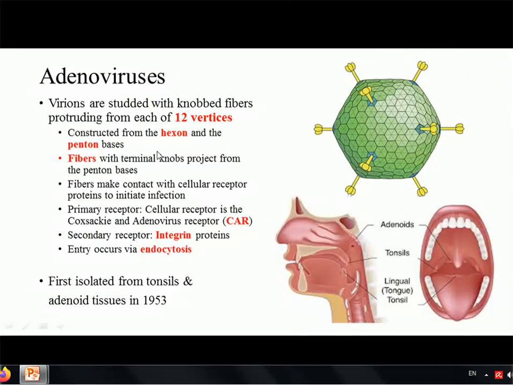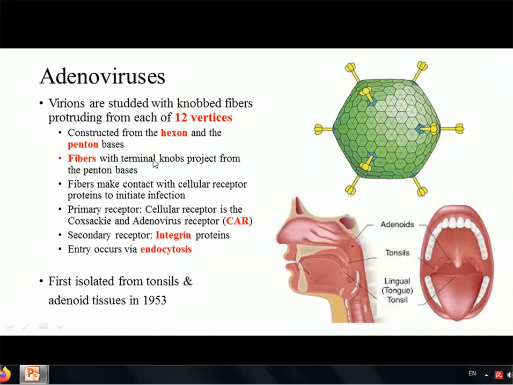For these adenoviruses, as you notice, the outer structure has a knob fiber protruding from each of the 12 vertices. This protruding fiber is constructed from the hexon and the penton bases.